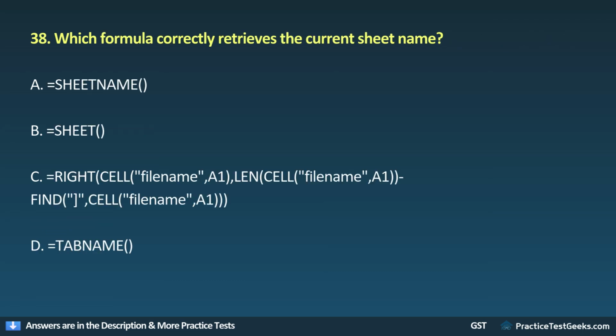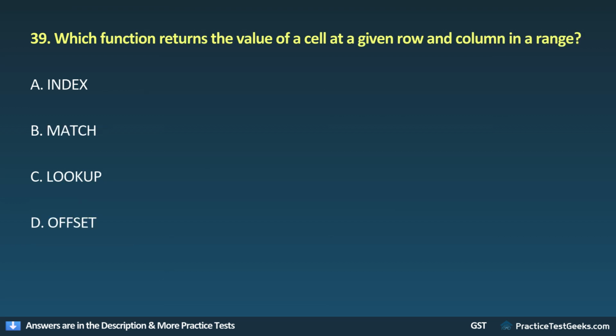38. Which formula correctly retrieves the current sheet name? A. =SHEETNAME. B. =SHEET. C. =RIGHT(CELL("filename",A1), LEN(CELL("filename",A1)) - FIND("!", CELL("filename",A1))). D. =TABNAME. 39. Which function returns the value of a cell at a given row and column in a range?